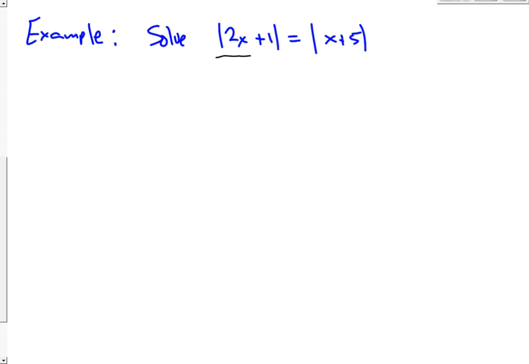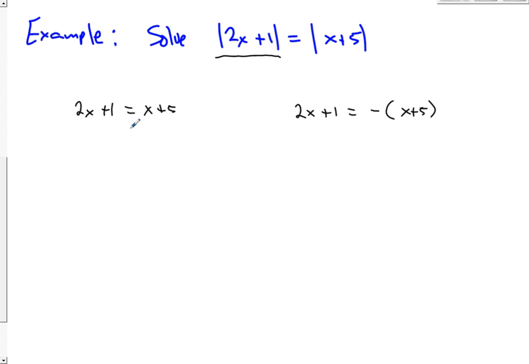So I'm going to focus on the 2x plus 1. And inside of here, I could either have positive x plus 5 or negative x plus 5. Okay, and that will give me the positive value of x plus 5. So I'm going to take 2x plus 1 and set that equal to x plus 5. The other equation I'm going to write is 2x plus 1 equal to the negative value of x plus 5.